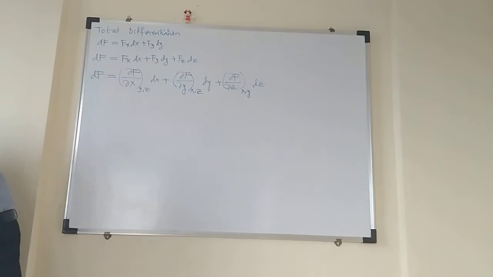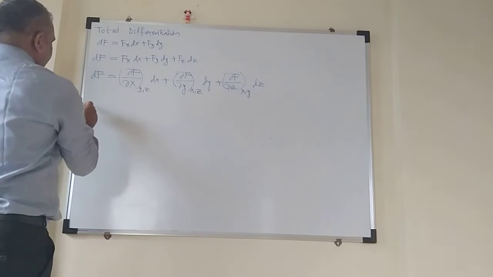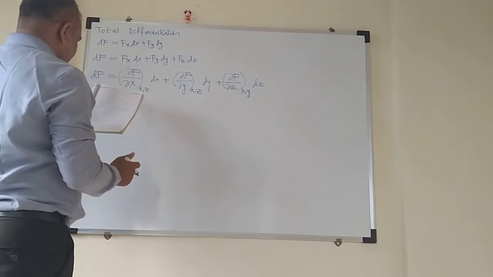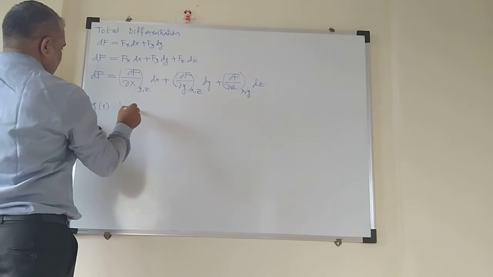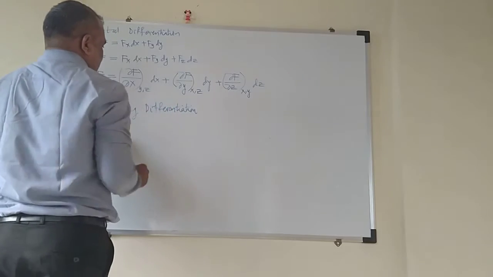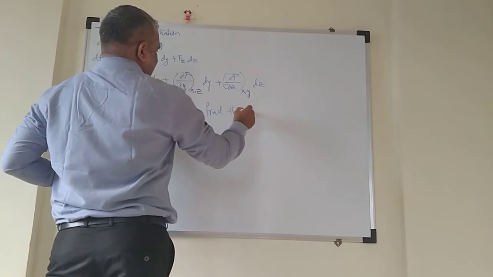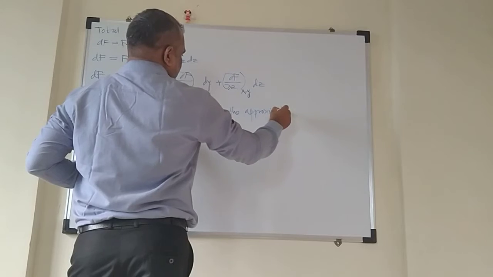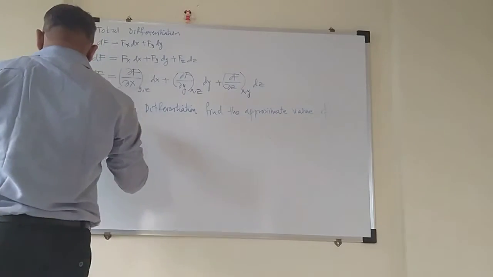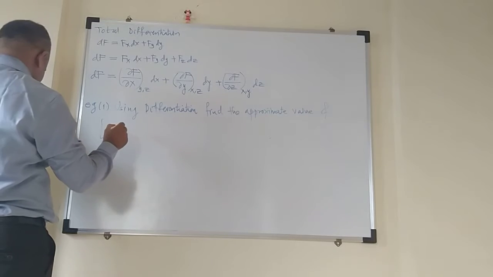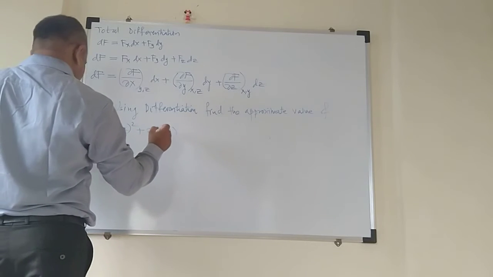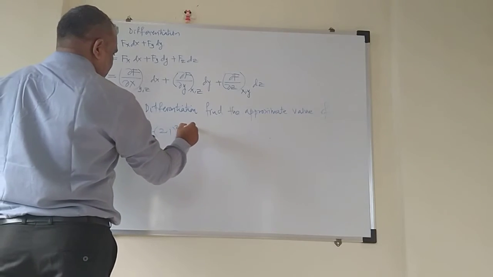So the first problem, example number 1: using differentiation, find the approximate value of (3.82 squared plus 2 into 2.1 cubed) whole bracket raised to 1 by 5.